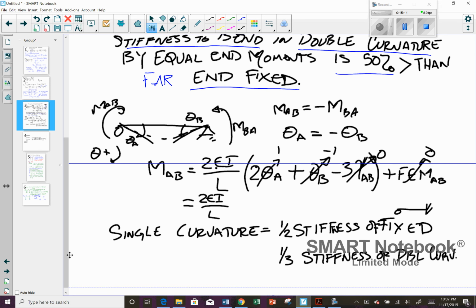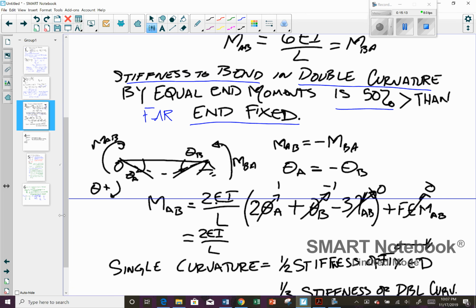Now, if we want to cause a unit rotation at both joints, so if you've got a pin and a roller, and you want to cause a unit rotation at both joints, but in the opposite direction, this is single curvature, right?